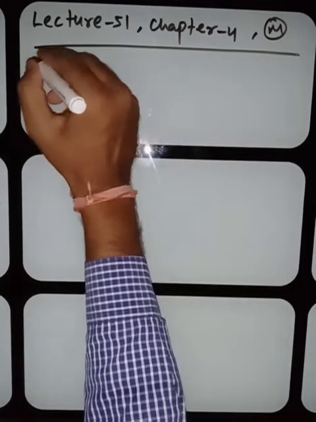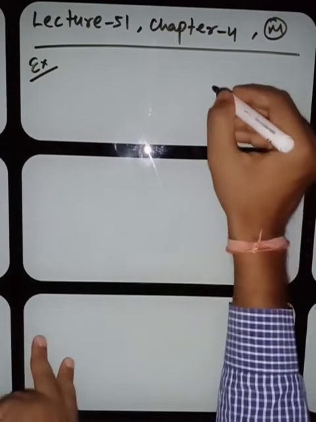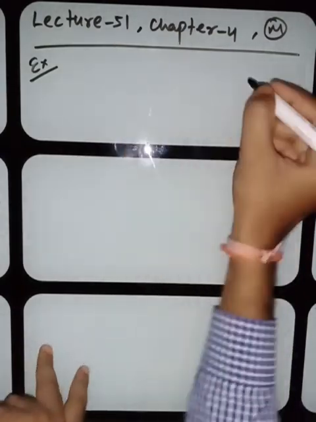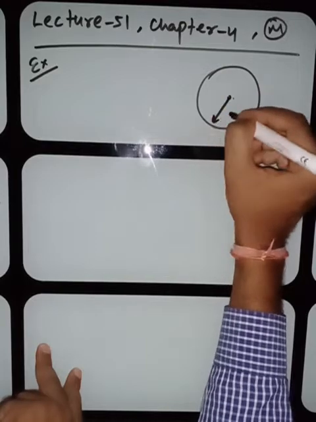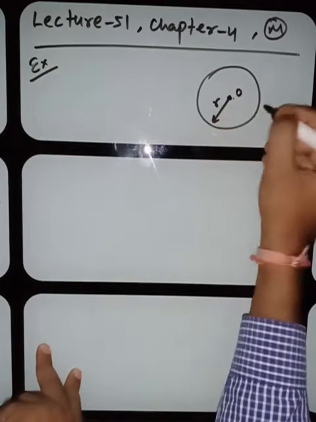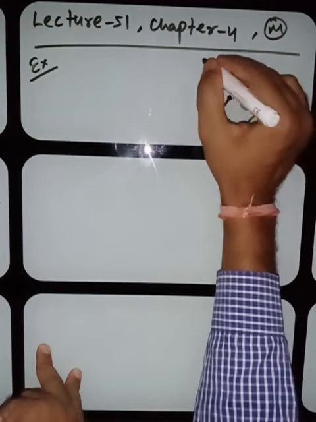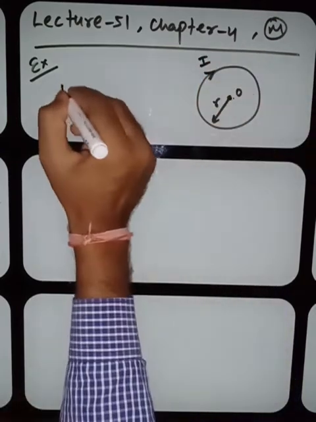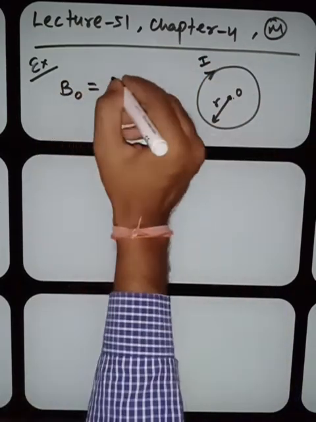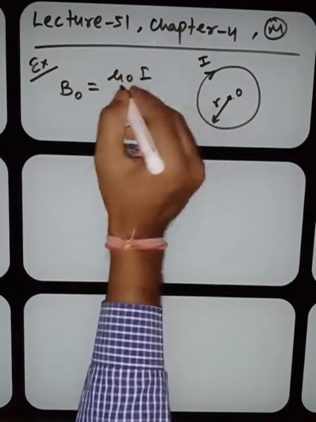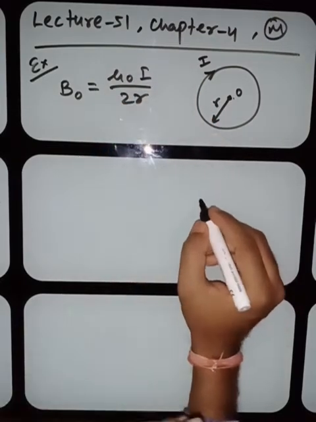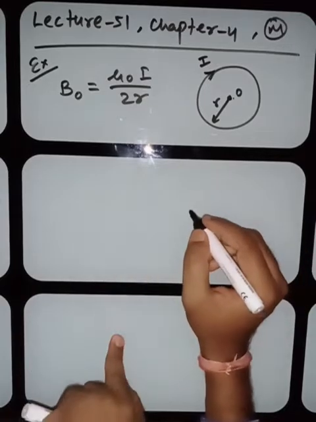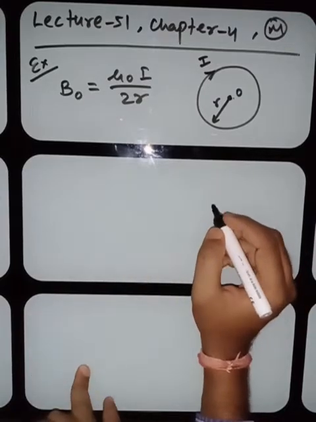Let me recall. If a coil is of radius r, this is the center, and current is flowing in this way, the magnetic field at point O is mu naught I by 2r. For an elemental arc we have studied mu naught I by 4 pi r into theta.